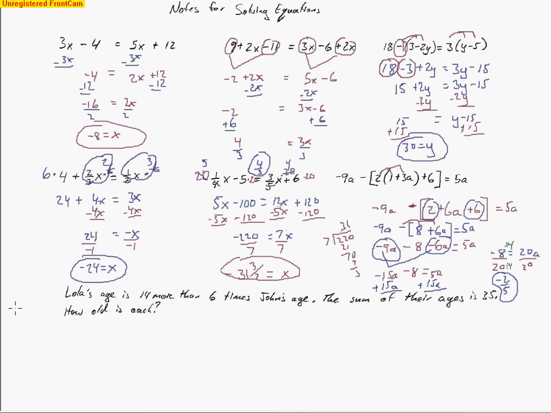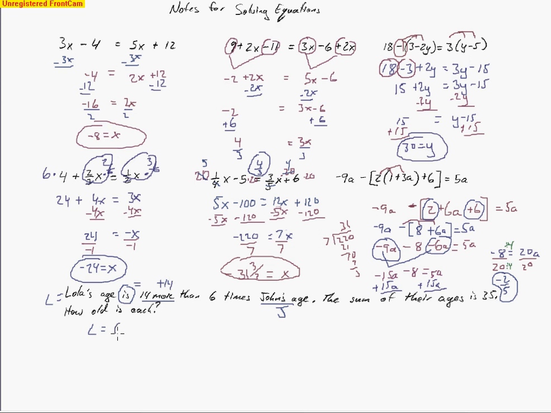Well, one more problem here. It talks about Lola's age is. Is always tells me I've got an equal sign there. So Lola's age, don't know what that is, so I'll use an L for Lola's age. So L equals 14 more than 6 times John's age. Don't know John's age either, so let's use a J there. So 14 more means I'm adding 14 to something that's already there.